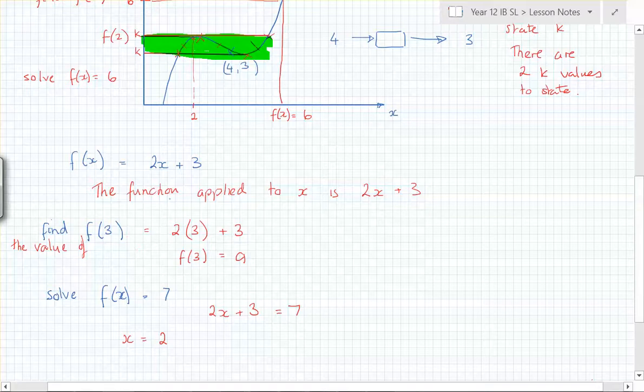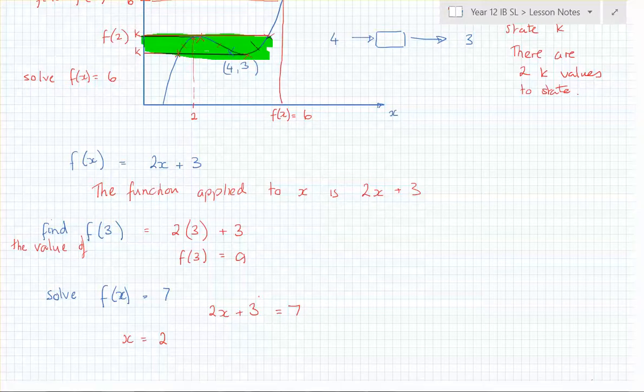Right? Maybe we can do it using a graph, maybe we do it algebraically. Why do you think we have function notation? Any ideas? Why don't we just write the functions over? Why don't I write y equals 2x plus 3 all the time?